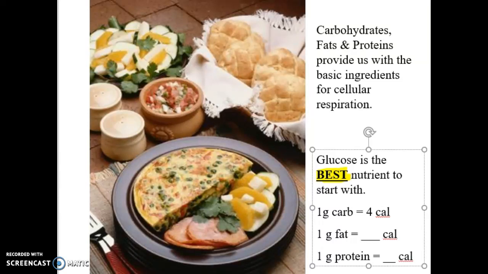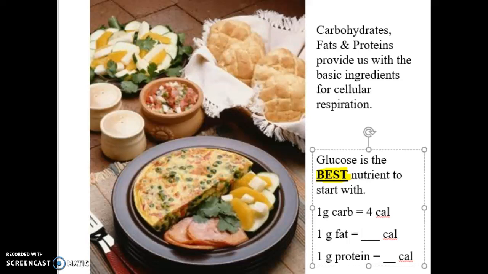Okay? But that is the focus of a carbohydrate. That is why we eat them, to get energy from them. So you eat glucose, boom, instantly into the system. Now, if you eat that muffin up there, a complex carb, you have to digest it all the way down to glucose in order for it to work.